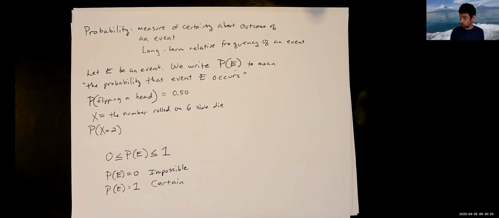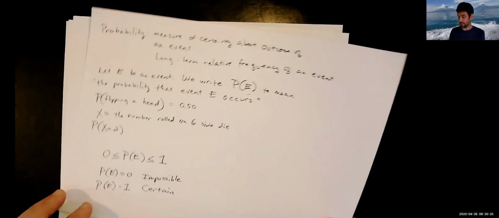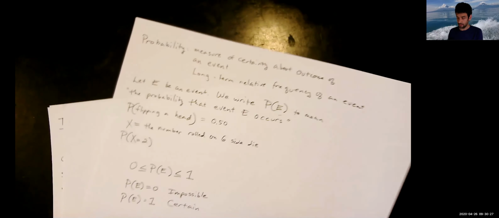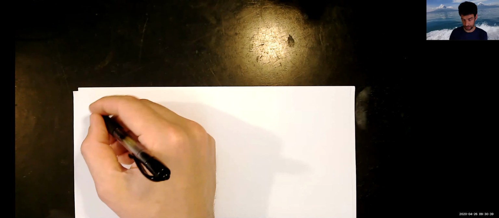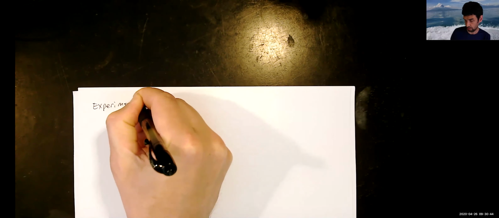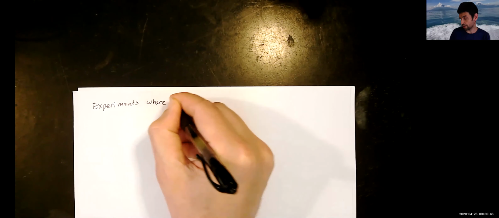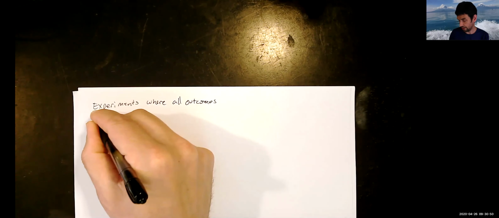All right, so let's start talking about computing some probabilities in the easiest cases. We're going to stick right now with experiments where all outcomes are equally likely.